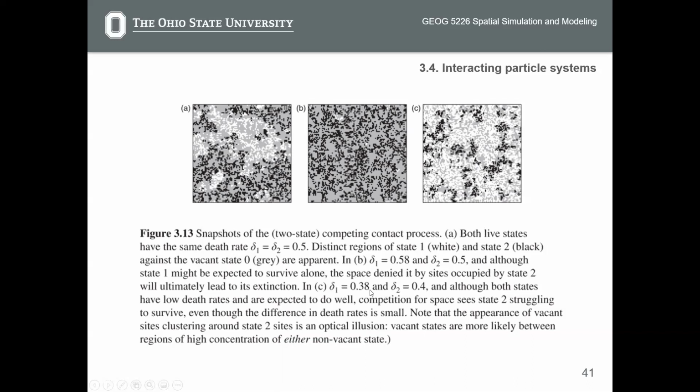This difference is even smaller compared to figure B. It's a difference of 0.02, and you can say that white cells are dominant here. So this multiple contact IPS is very sensitive to the setting of death rate.